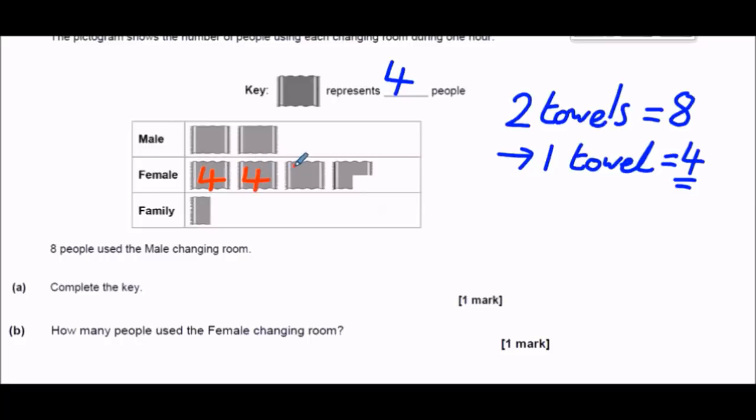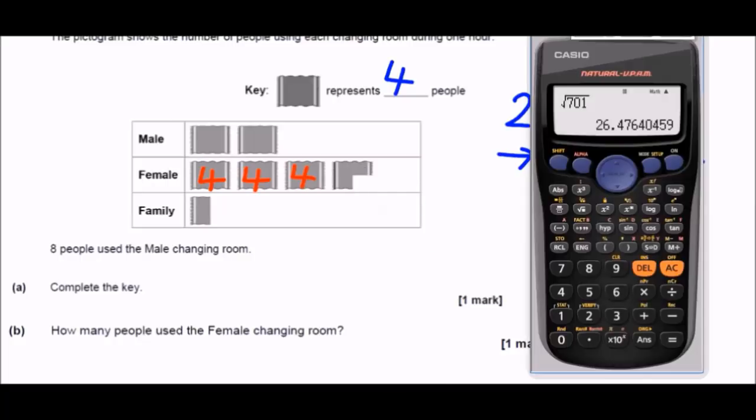Each full towel represents 4 from part A. But here we've got 3/4 of a towel. 3/4 of 4 is 3. And if you're in any doubt, you can always just pull up the calculator, because it's a calculator paper after all, and just try it. So we've got 3/4 of a towel there. So fraction button.